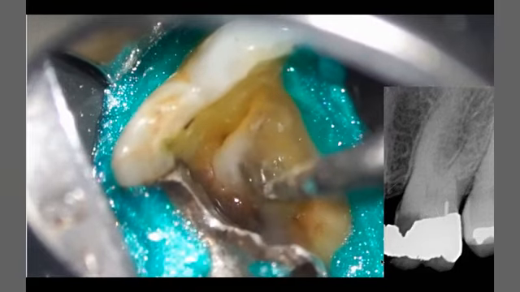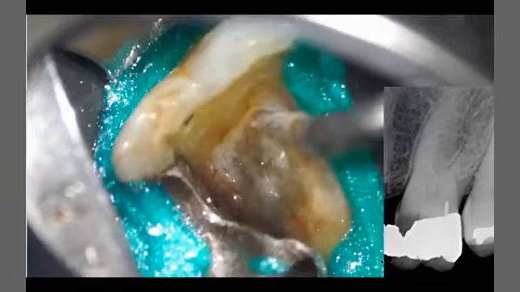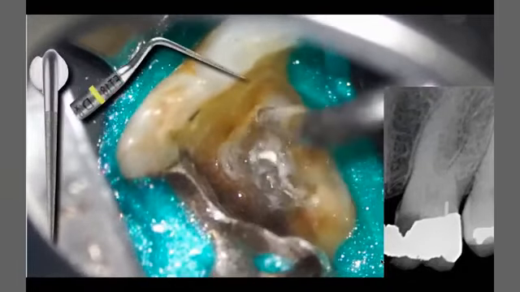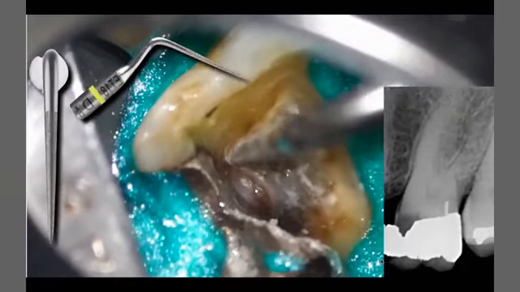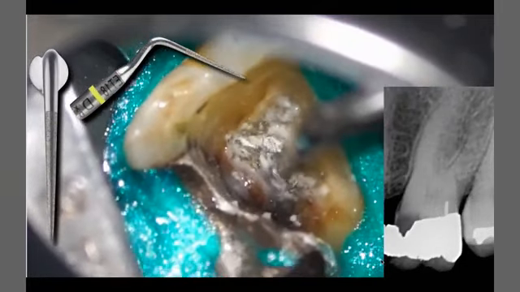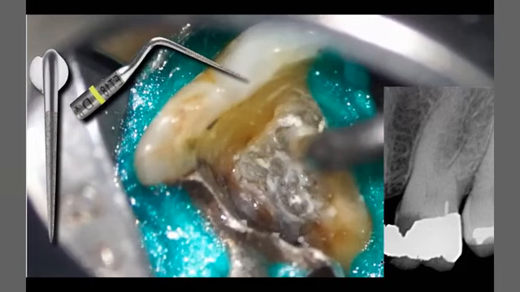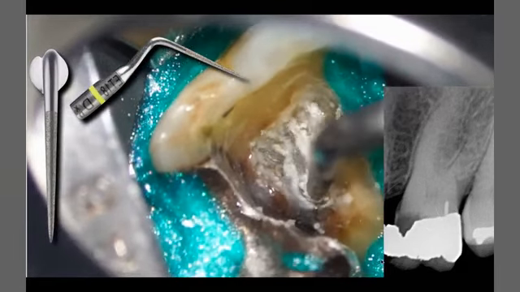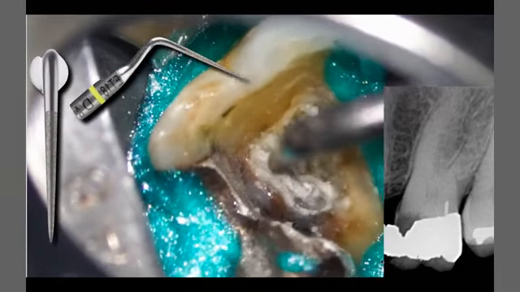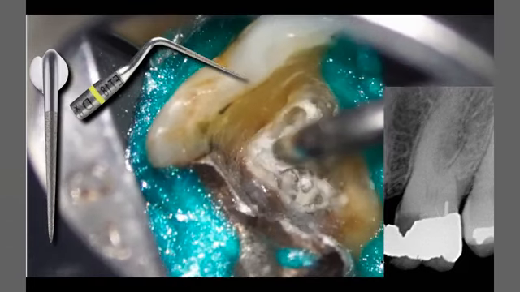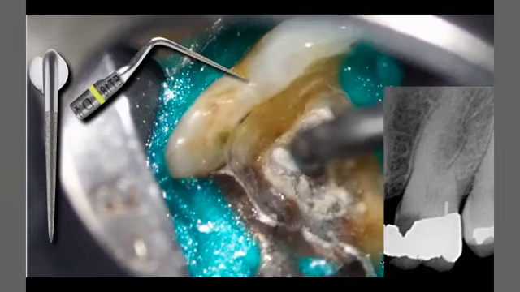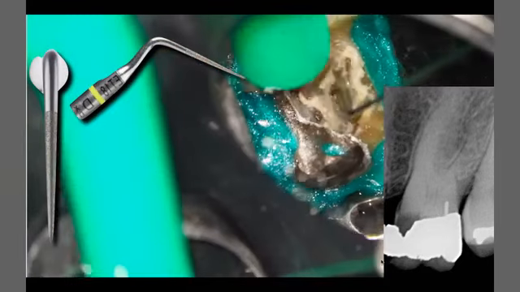Then you have to use the ultrasonic tips, diamond tips for sure, to remove the sclerotic dentin. And always follow the outline of your access, of your pulp chamber, or of your floor map. You have to follow the dark line, and you have to remove all the bright dentin until you reach a darkest dentin, or the dark dentin, which represents the floor map.